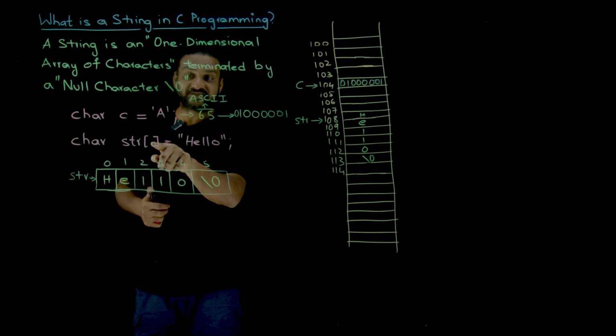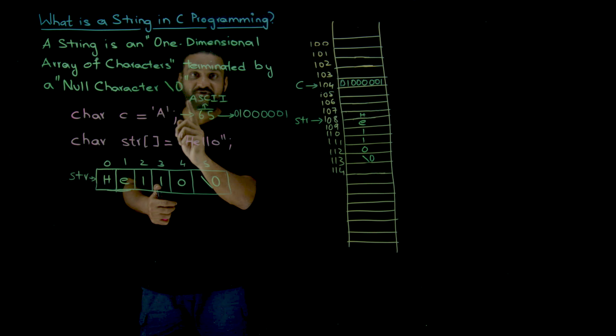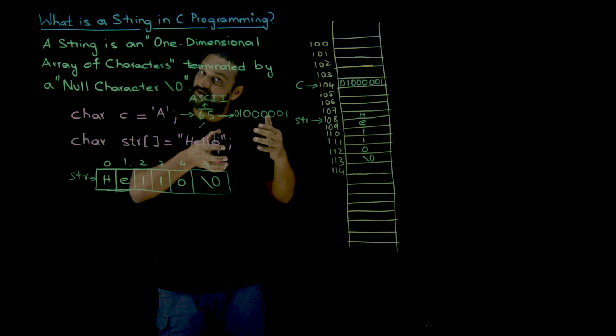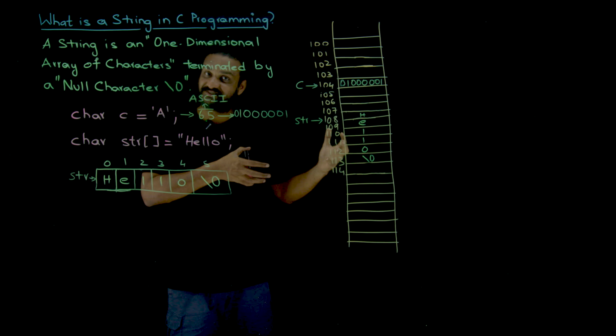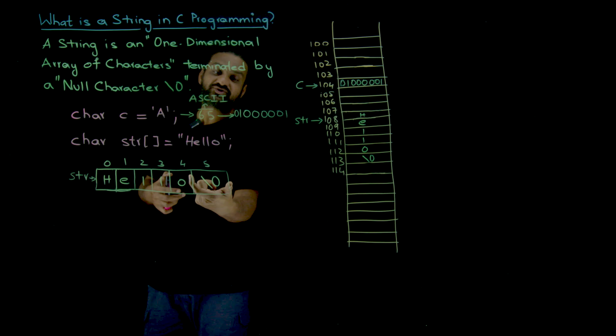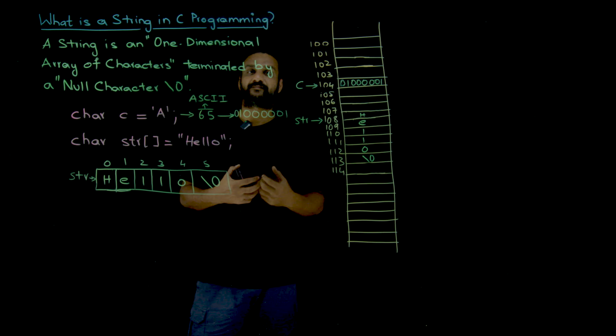We are not assigning the size of the array, even though we haven't assigned it as 6, it is taking 6 spaces of memory, because that extra space is used for the null character.